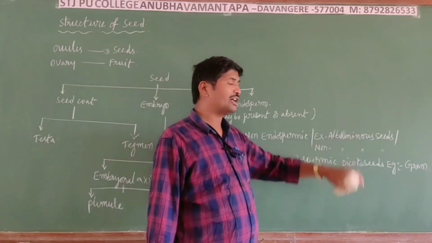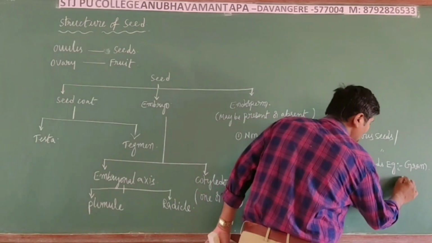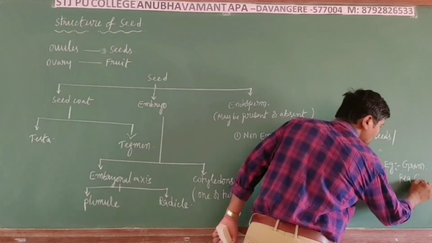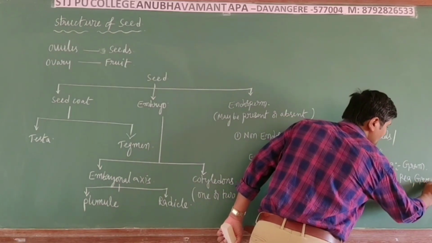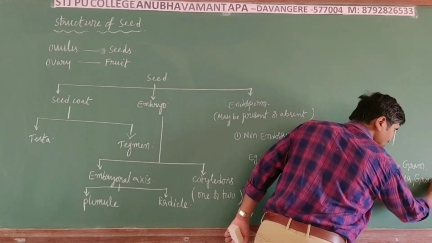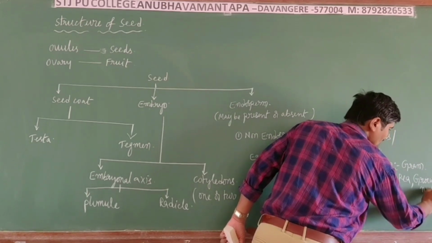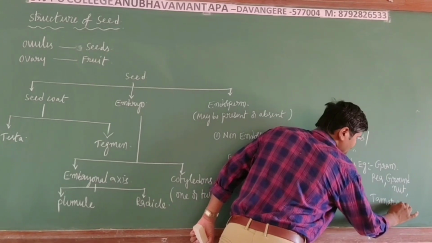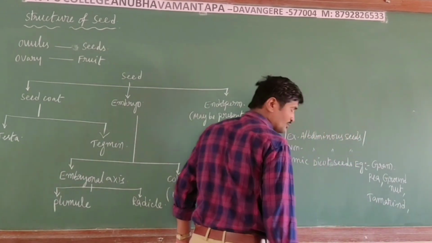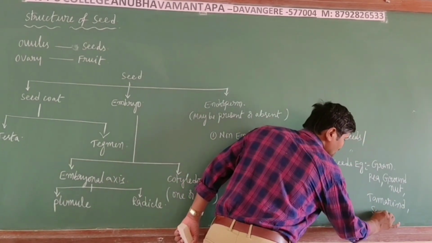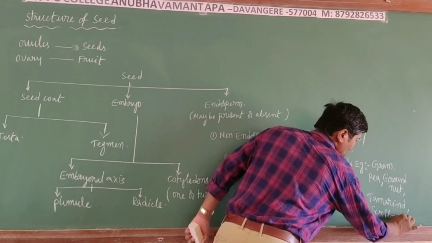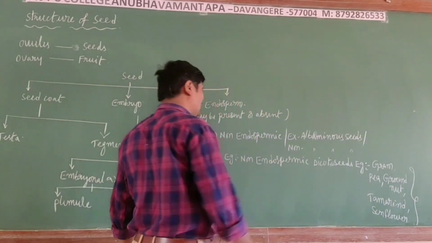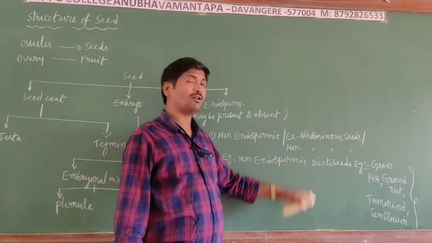Okay, so the grams. Next one, pea, groundnut, tamarind, sunflower. So these are all examples of non-endospermic dicot seeds.